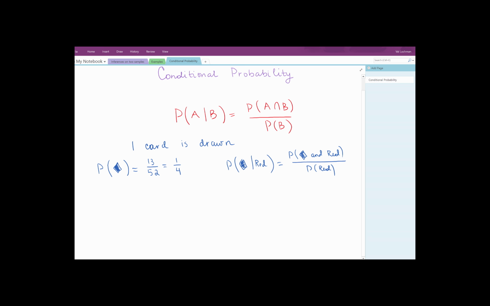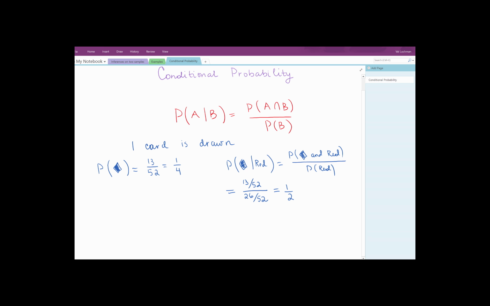Well, let's see. How many cards are there that are diamonds and red? Only 13, right? 13 out of 52. And then how many cards are there that are red? 26 out of 52. So this fraction reduces to 1/2.